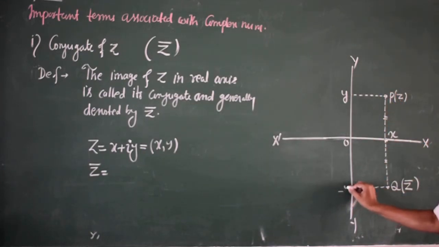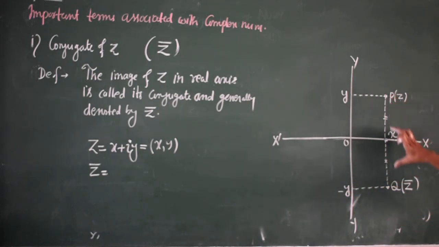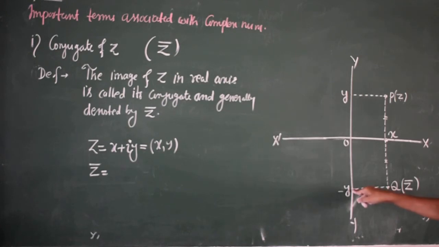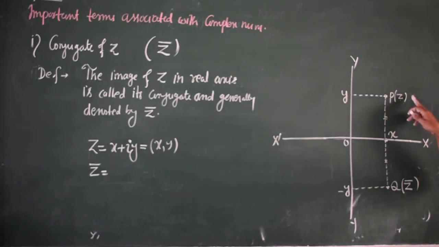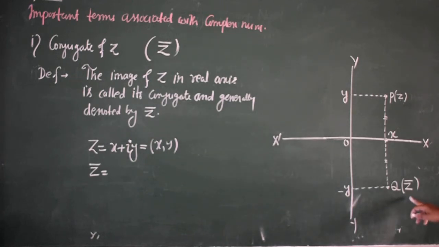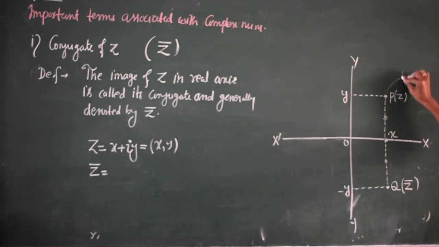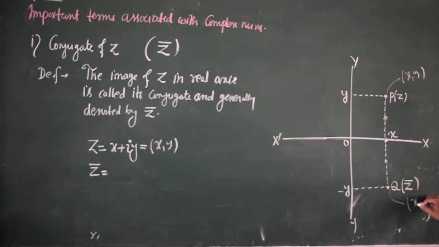This will be minus y because the distance is the same, only the position is opposite. So if the coordinate of z is x comma y, then the coordinate of z bar will be x comma minus y.